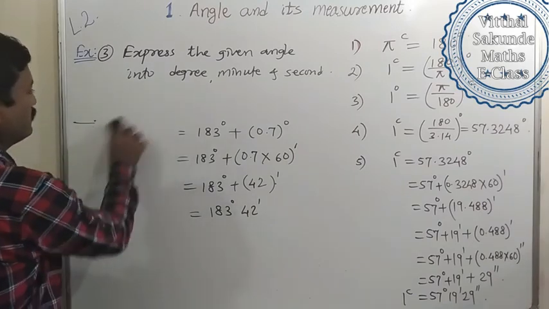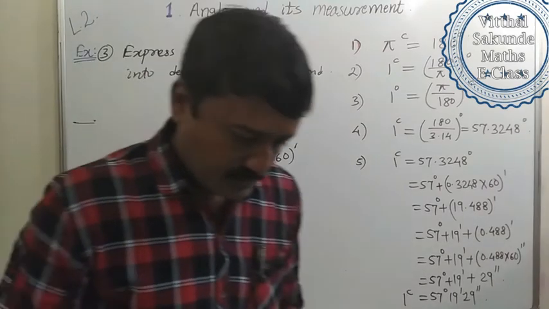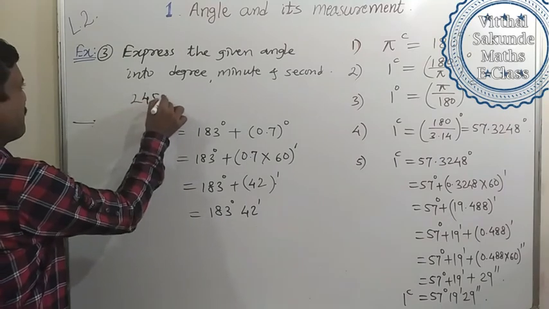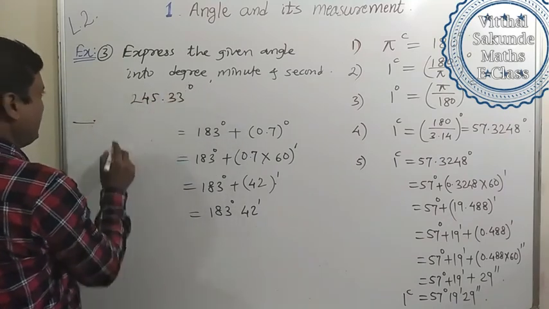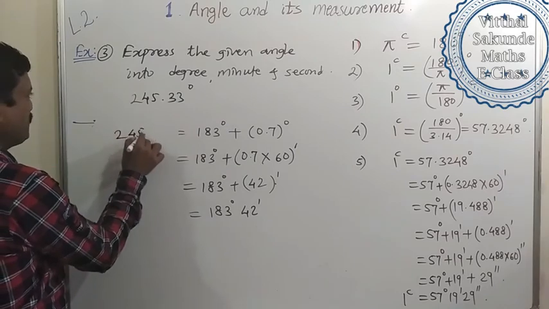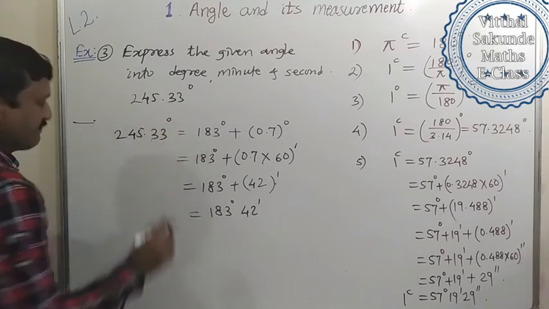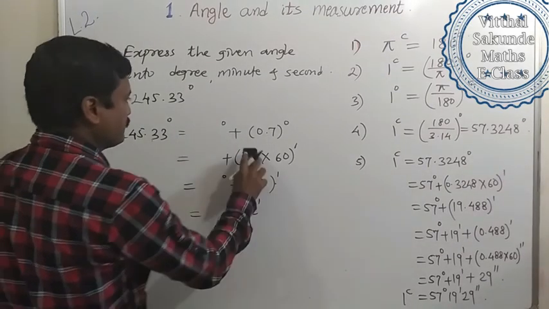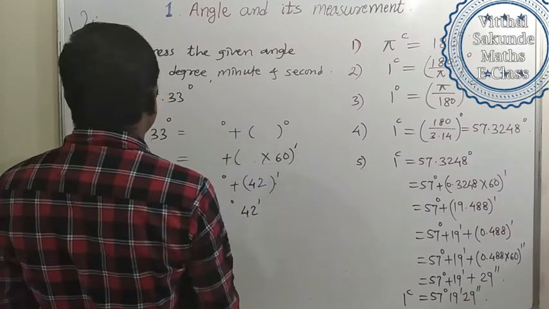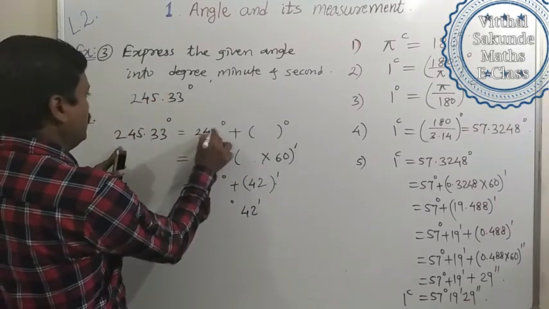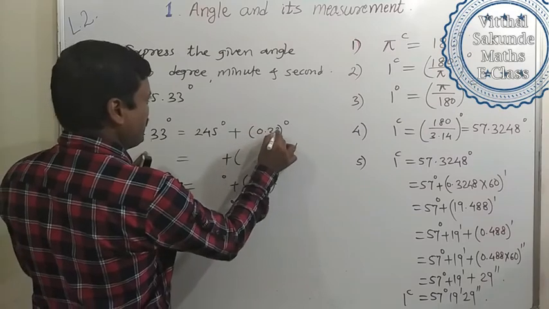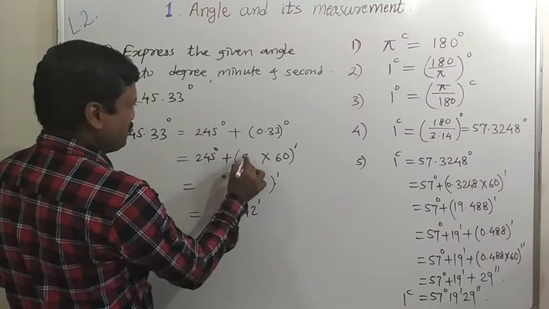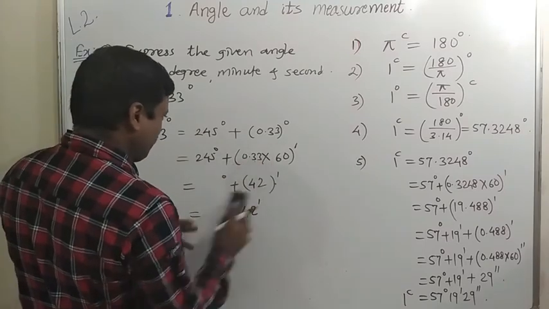Another one, 245.33 degree. So what do we get here? Obviously, here you get 245 degree plus 0.33 degree. This 245 degree plus 0.33 into 60 minutes.